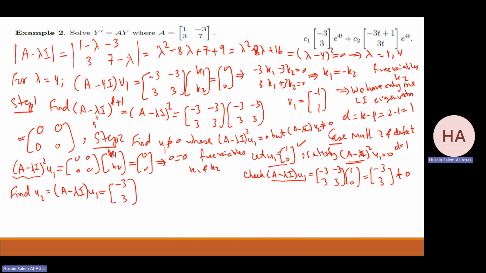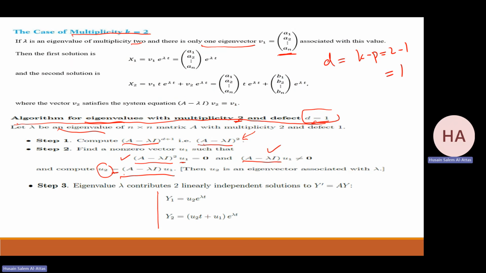By the way, if you notice, this one, which is U2, is a scalar multiple of your eigenvector for the matrix. Just for your information, sometimes it's good to use it as a checkpoint. Okay, now we'll find the solutions.